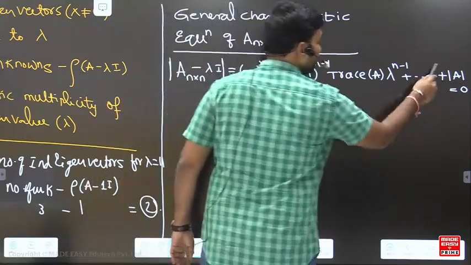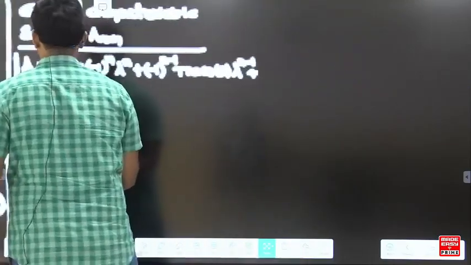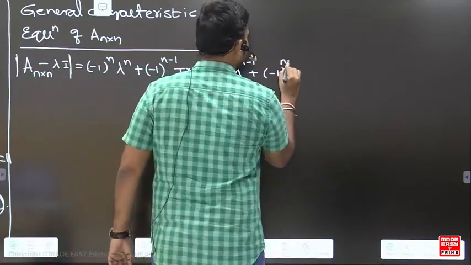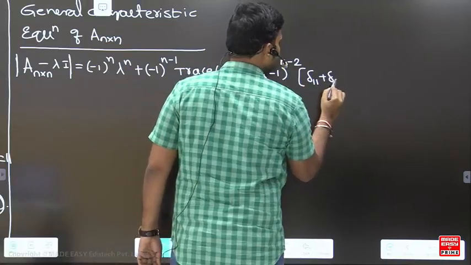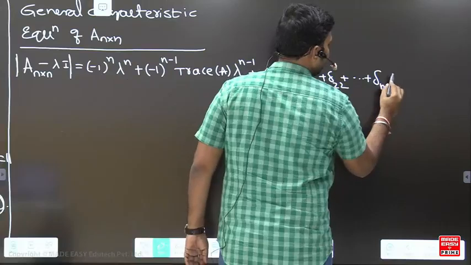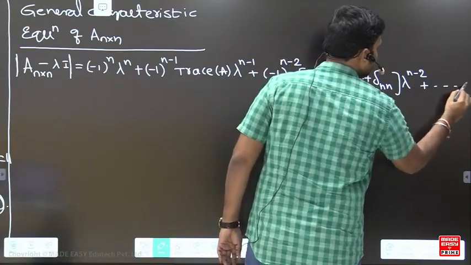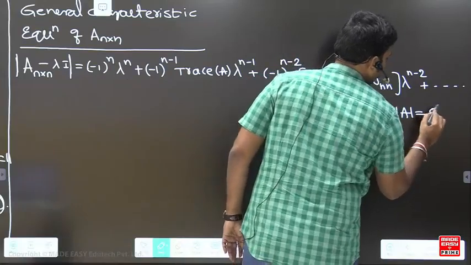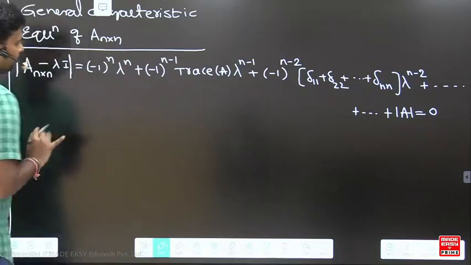I'll write one more term: minus 1 whole power n minus 2 into delta 11 plus delta 22 plus and so on delta nn, of lambda power n minus 2, plus and so on, plus mod A is equal to 0. Okay, this is what you got here now.